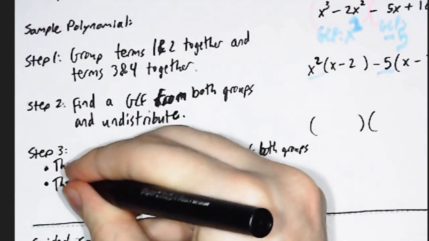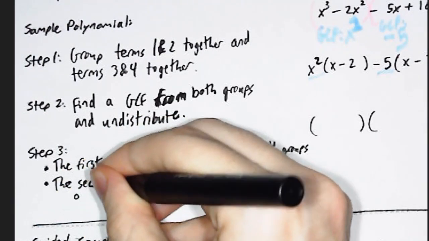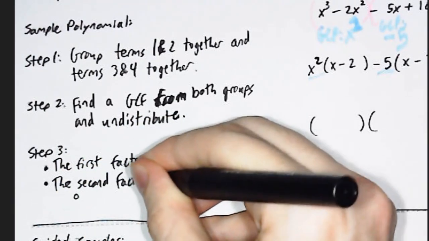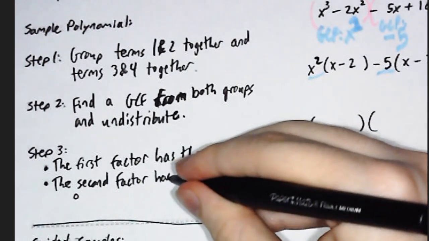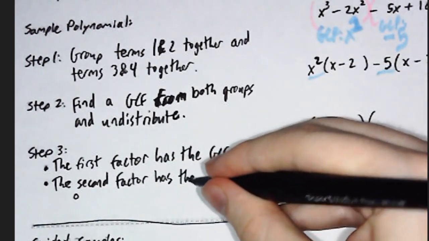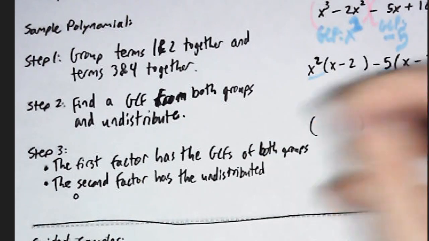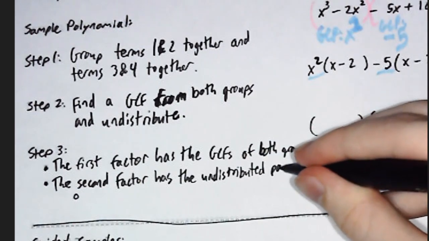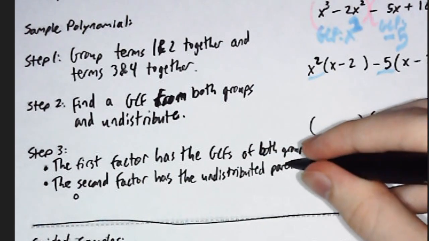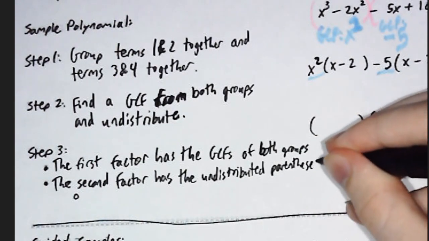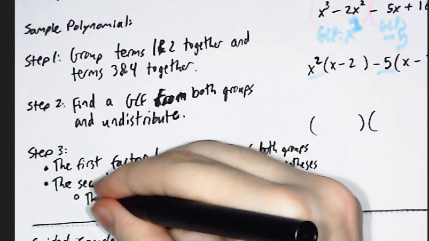The second factor has the undistributed parentheses, or the undistributed remainder. These should be the same.